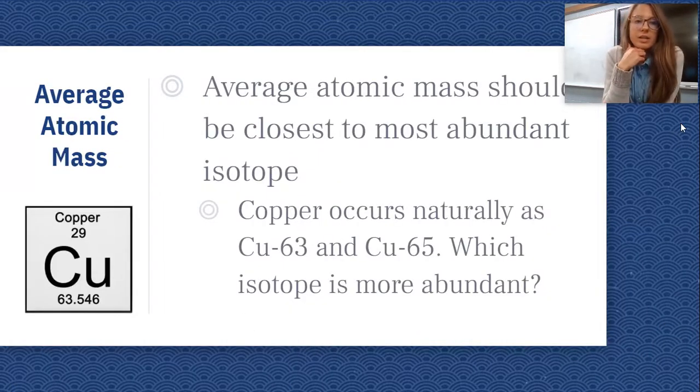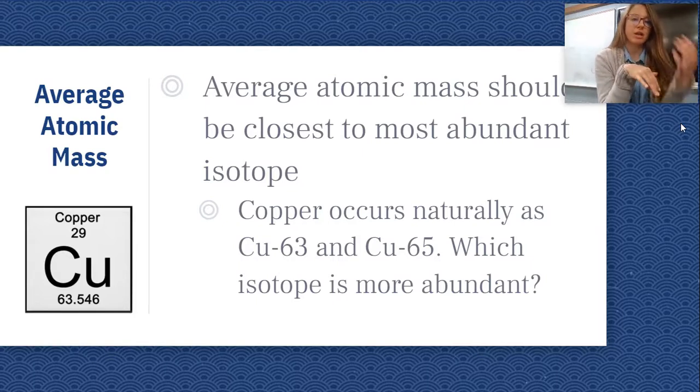Now, when you are calculating your average atomic mass, your answer or your calculation should be closest to the most abundant isotope. So for instance, copper has 2 naturally occurring isotopes. We have copper-63 and copper-65. If you look on the periodic table, the average atomic mass that is reported to you is 63.546. We can tell by the average atomic mass and looking at the mass numbers of the 2 isotopes of copper which isotope is more abundant without having to do any math.